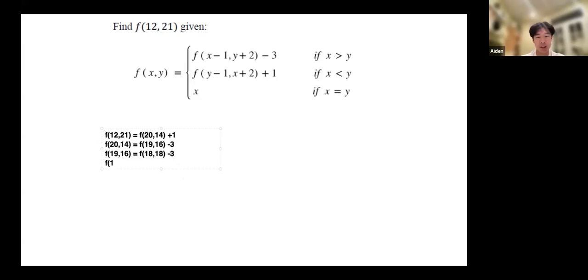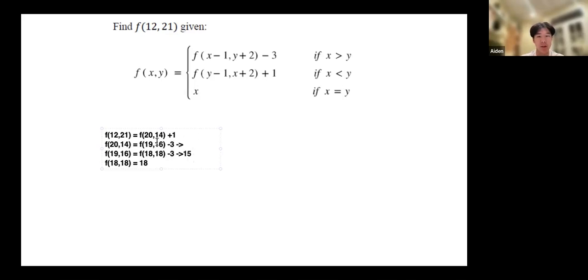If you pay attention, you get to f of 18 comma 18. Here, x is equal to y, since 18 is equal to 18, so f of 18 comma 18 leaves us with 18 as our answer. Plugging this back into the top, since f of 18 comma 18 is 18, then 18 minus 3 is 15, which is the answer for f of 19 comma 16.